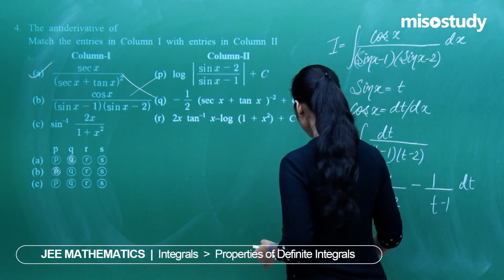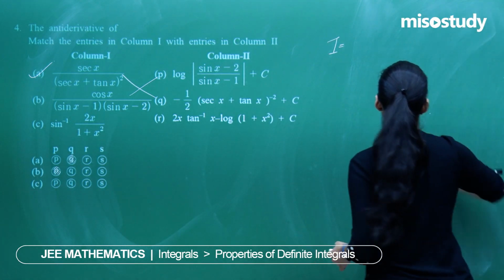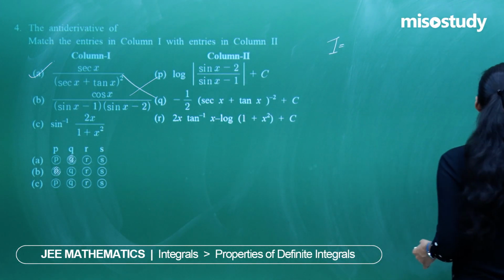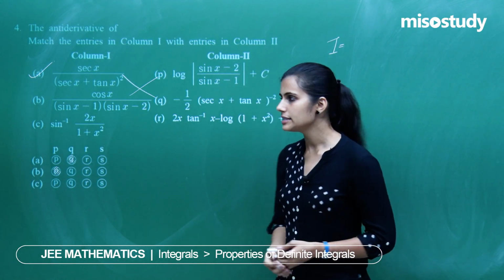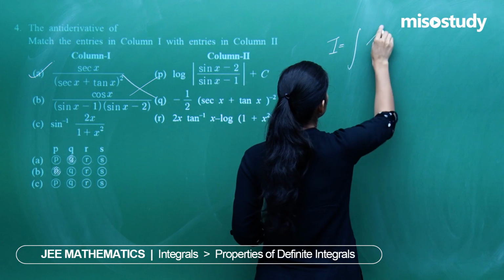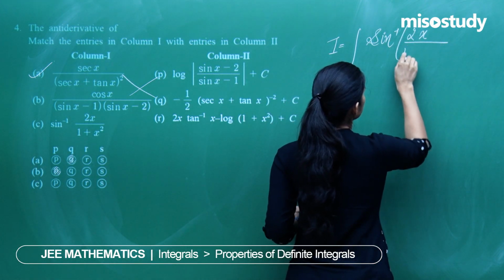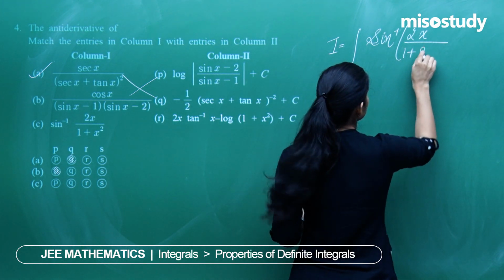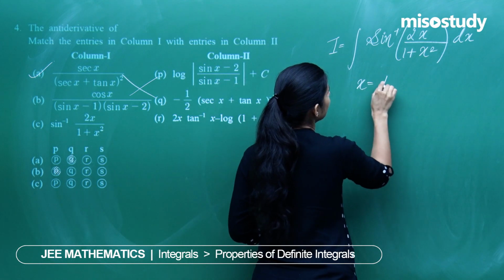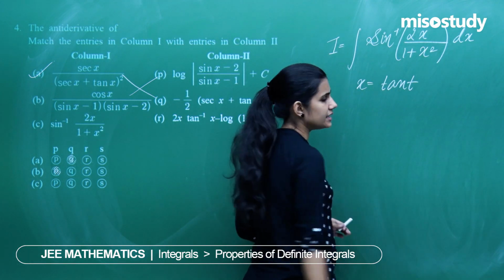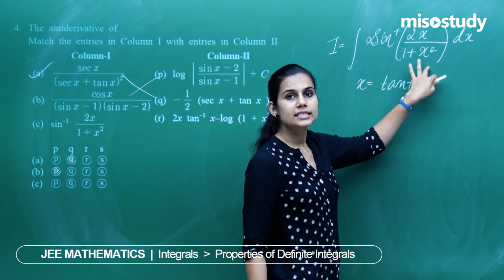Clear? Talking about the third one, it is sin inverse of 2x upon (1 plus x squared). Now see, in expressions like this, something very much based upon common sense is used. Here, if I am interested in sin inverse of 2x upon (1 plus x square) dx, it's very evident for me to take x equals tan t, because I know 2 tan t upon (1 plus tan square t) is sin t.